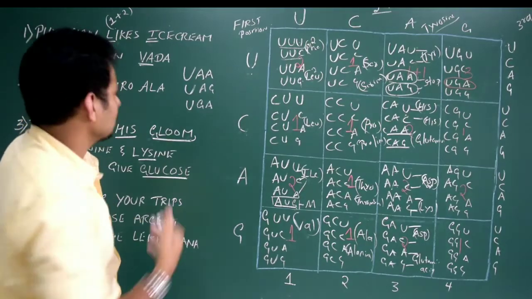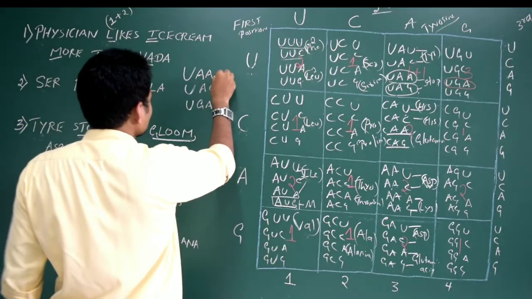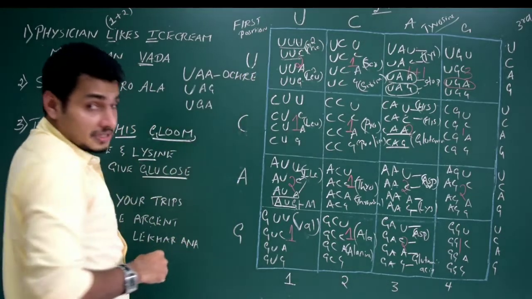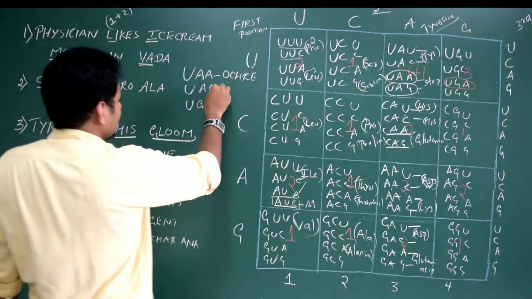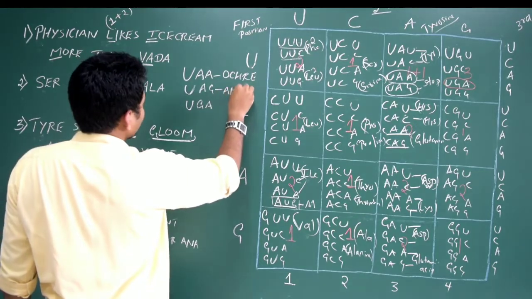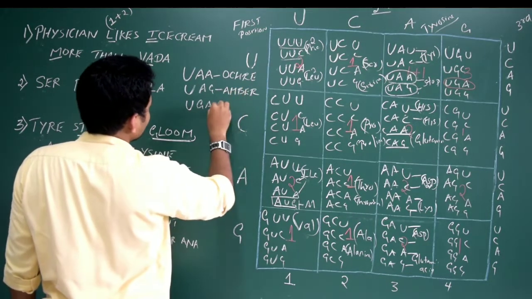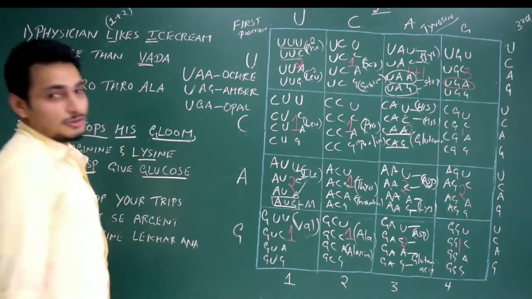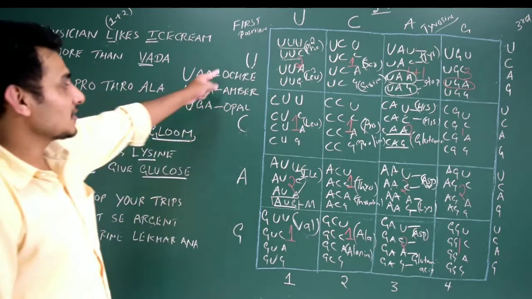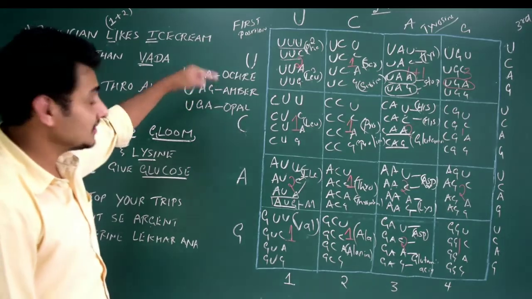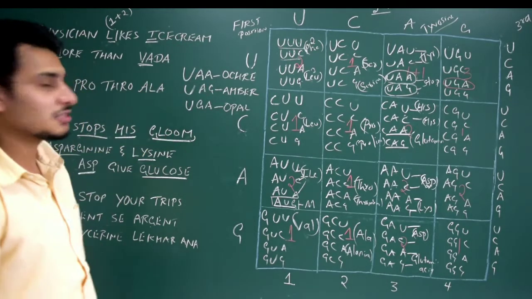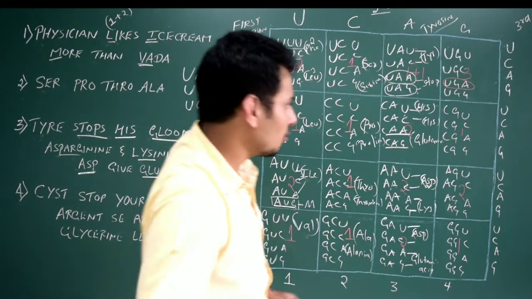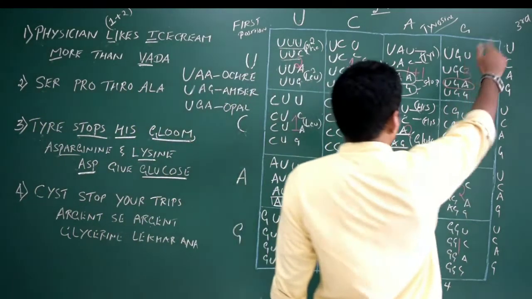They have different names. UAA is called the ochre, very important. UAG is called the amber. UGA is called the opal. Remember it, it could be asked in your NEET. For board, it is not required.